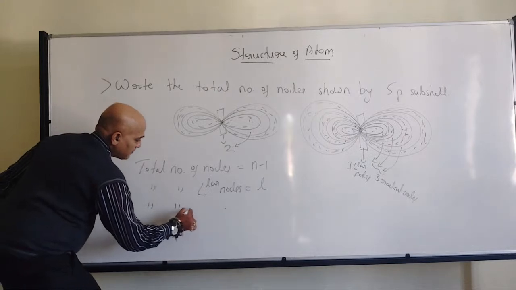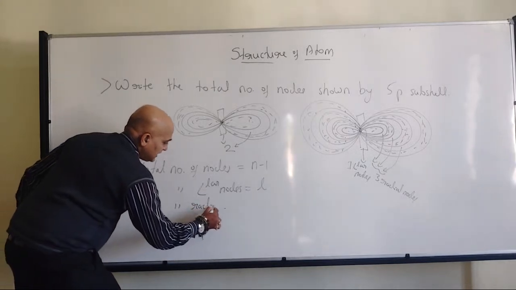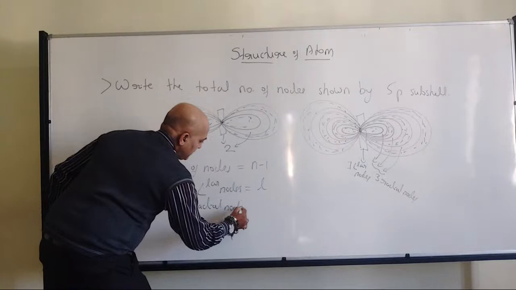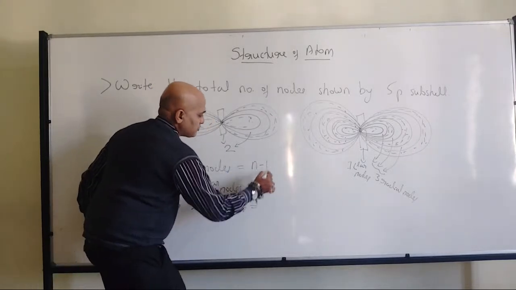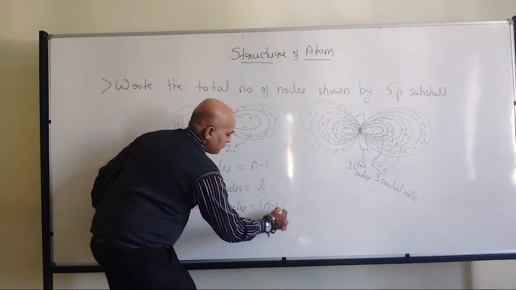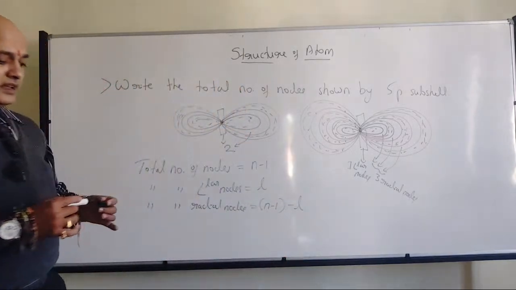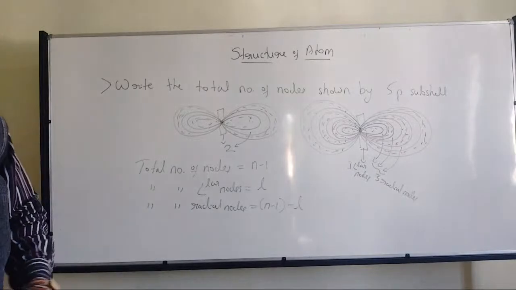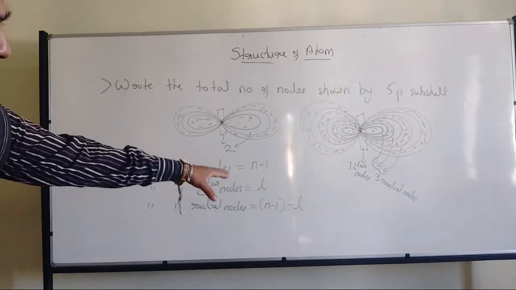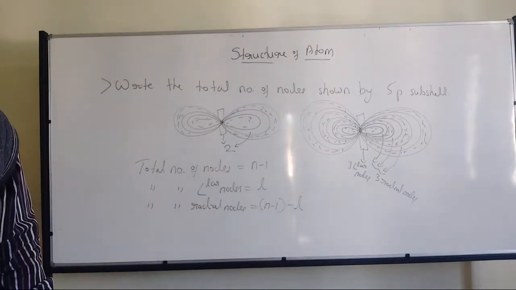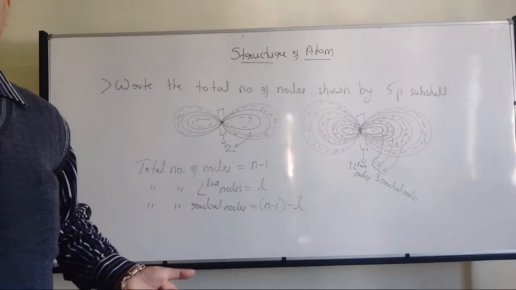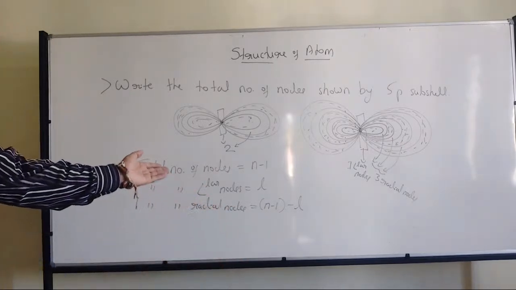Total number of radial nodes will be equal to, what is total number of nodes? n minus 1. What is angular nodes? l. So n minus 1 minus l. Total number of nodes minus total number of angular nodes should give the radial nodes.